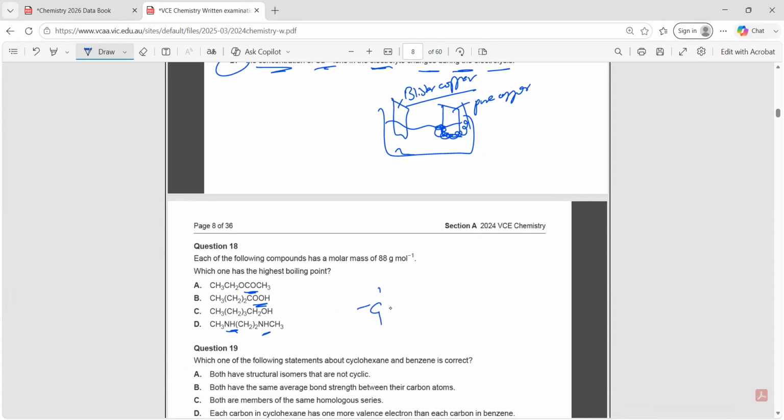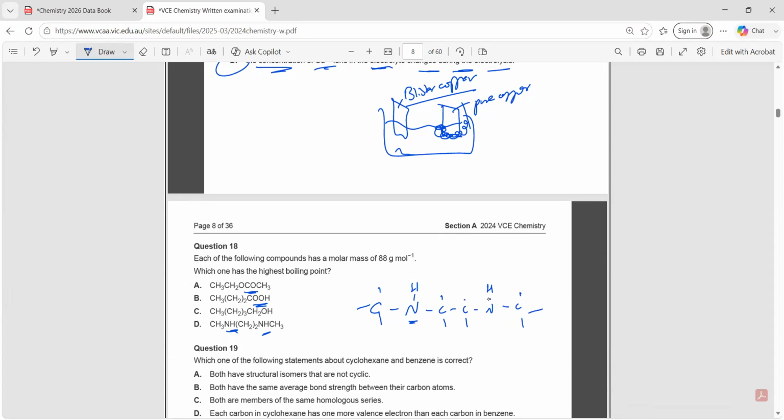That's that. N, H, C, H, C, H, N, H, CH3. Okay, interesting. So this has two hydrogen bonds.